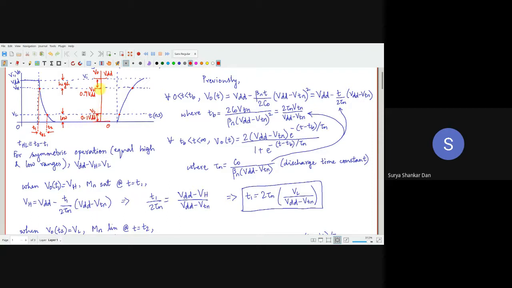That's why we take 10% and 90%. So why do we consider 90% to 10% of VDD for TPHL, the high to low logic transition? First of all, this 90% or 10% is the thumb rule, the industry standard. There is no reason for it; that is how we define it.